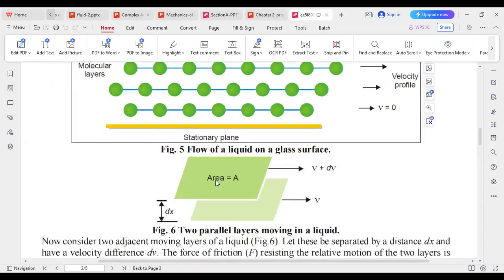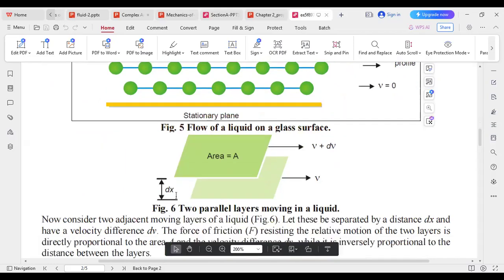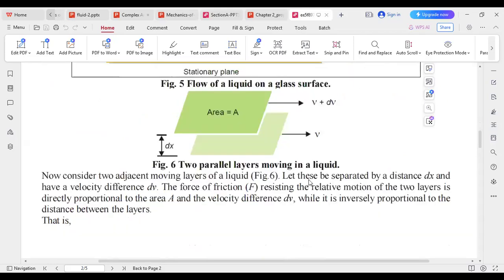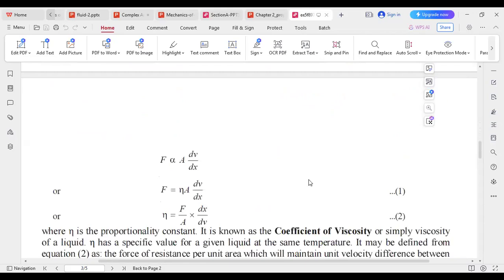Now the area, with change in velocity v plus dv over a little change in length dx, and the initial velocity is v. In that case, we can define the coefficient of viscosity. The shearing force is proportional to the surface area and the velocity gradient, so this can be written as F equals eta A dv/dx.